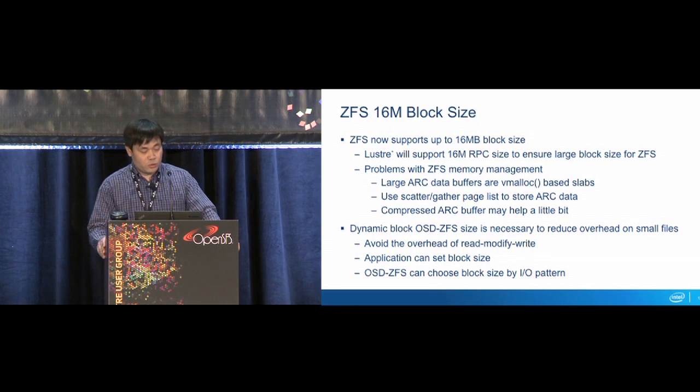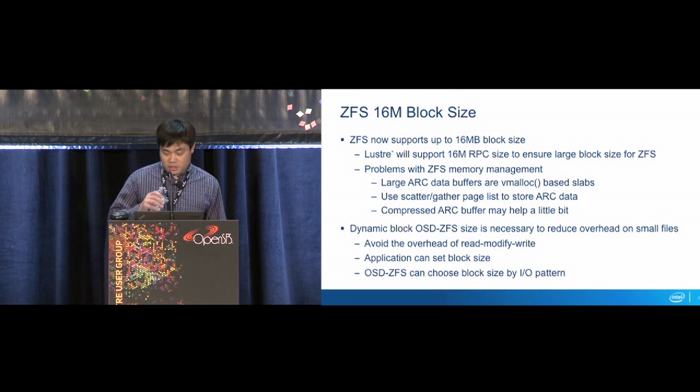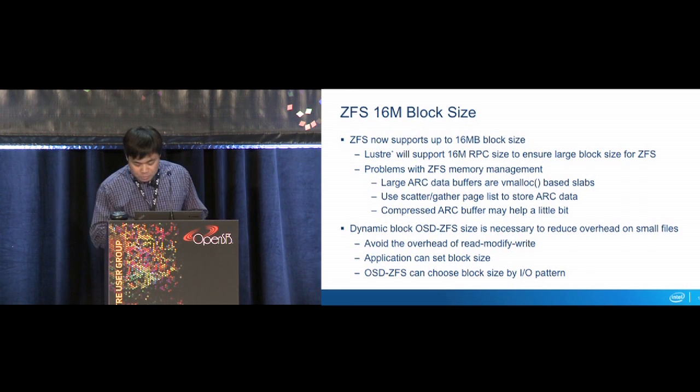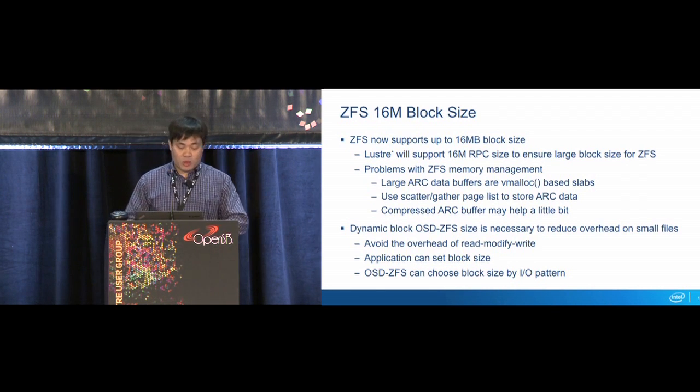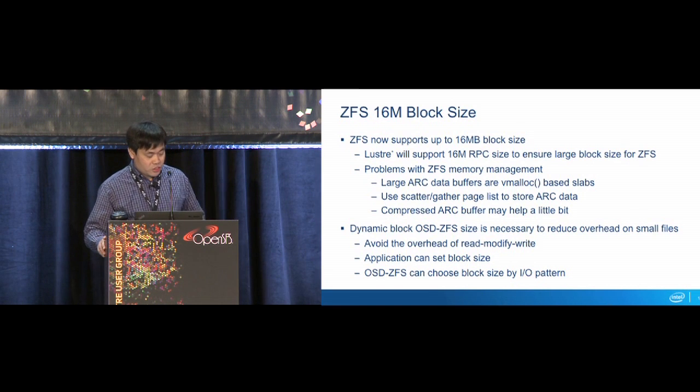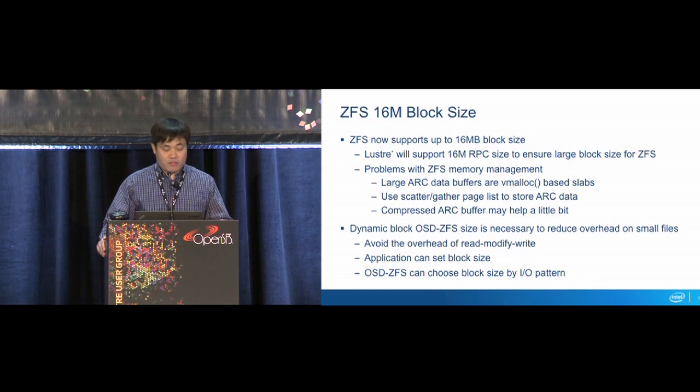There are some challenges with ZFS memory management. So right now, ZFS uses vmalloc-based slabs to manage large arc data buffer. The problem we have seen is that as time goes by, ZFS cannot allocate memory space from vmalloc anymore due to memory fragmentation.